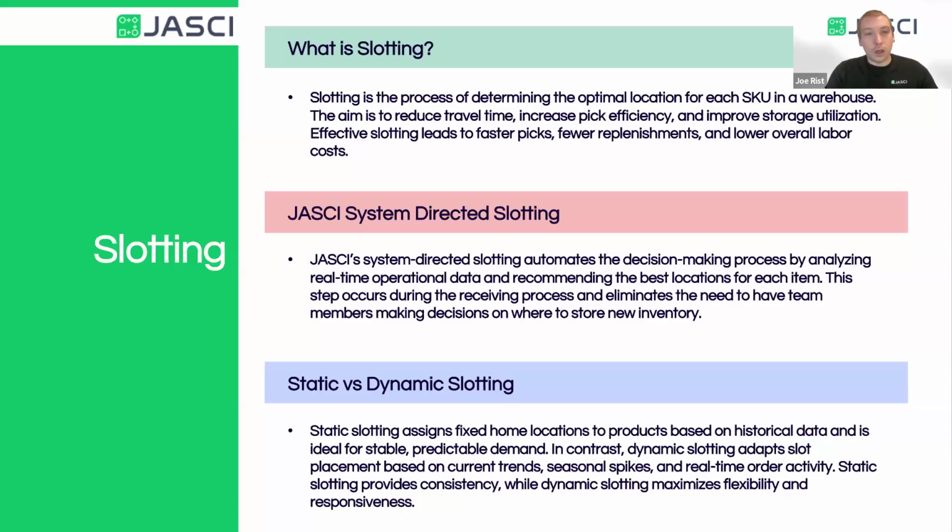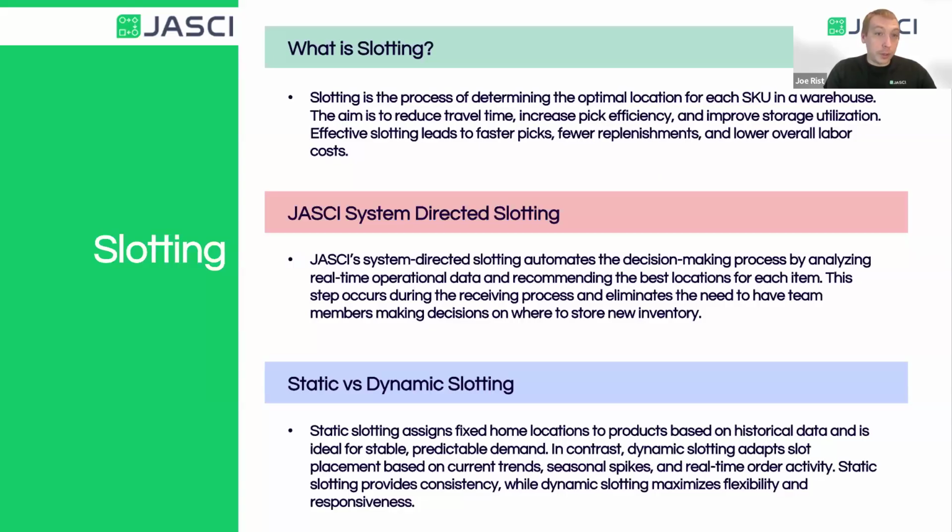During the receiving process, JASCI is going to be analyzing what's been entered about the goods received. It's also going to be looking at what's currently in inventory, what our locations look like, dimensional data, and whether you have certain SKUs tied to certain locations or areas or not. And there are a lot of other considerations that we're going to talk through today.